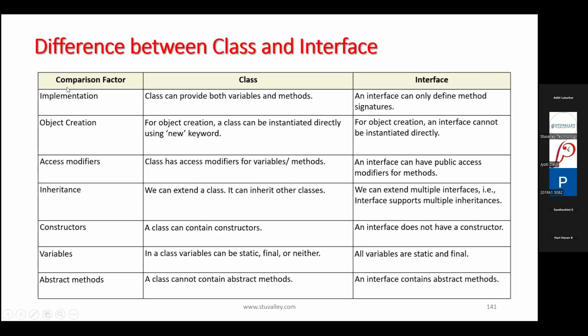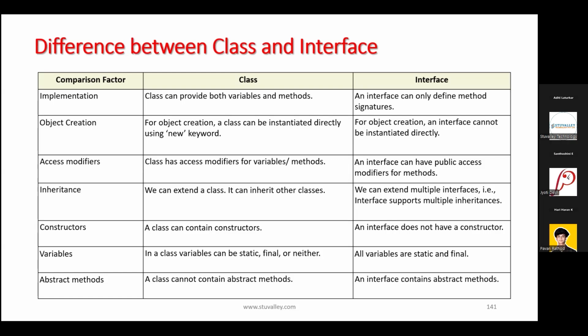Now the difference between class and interface. Implementation: a class can provide both variables and methods. An interface can only define method signatures. Those are not variables, those are fields. Just as in a class we define class members, class fields, and class variables, in that way in an interface we can define fields. Object creation: we can create an object of a class using the new keyword directly.